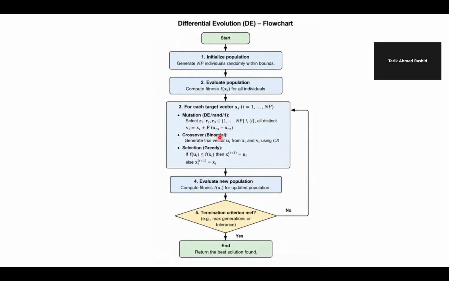Do mutation, and then do crossover, and then do selection with greedy methods. We will talk about each one of them. Then it goes to evaluate the new population. If convergence is arrived, then stop, or go back and do the same thing: take each target vector and do mutation, crossover, selection, and then evaluate the solution.